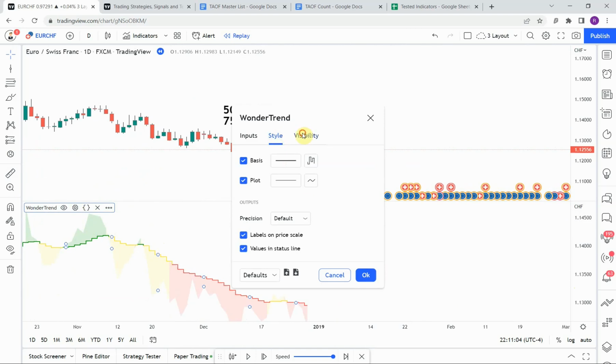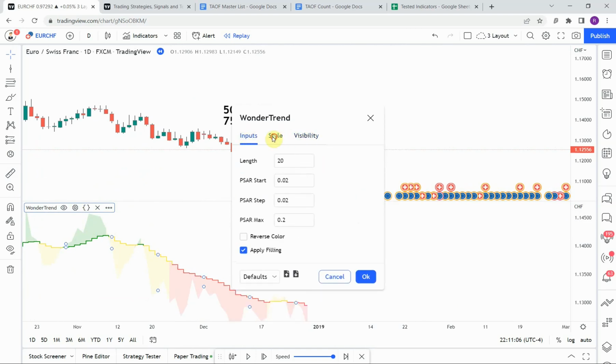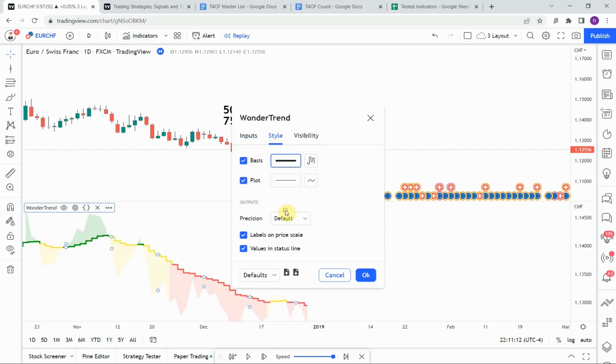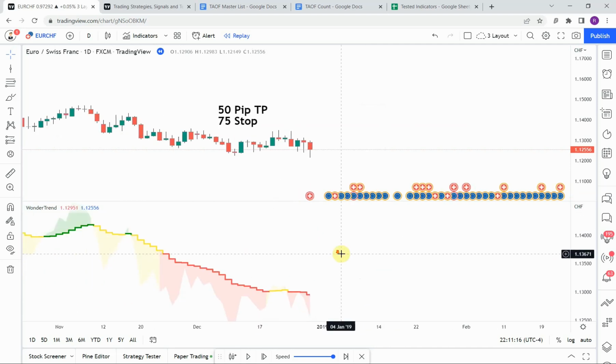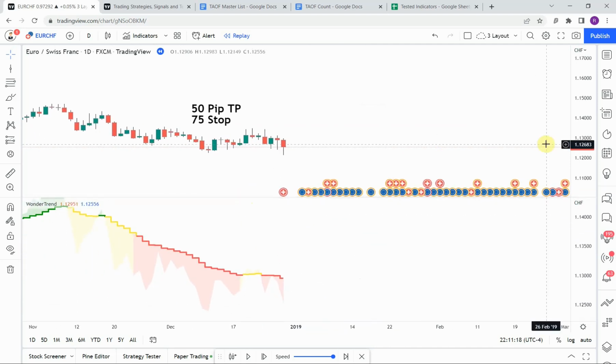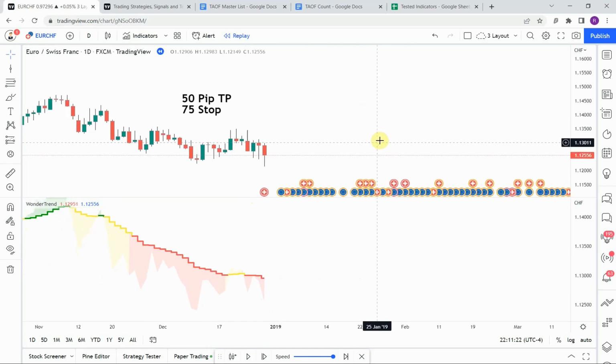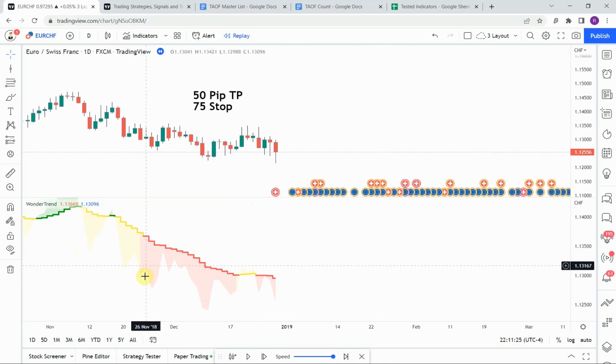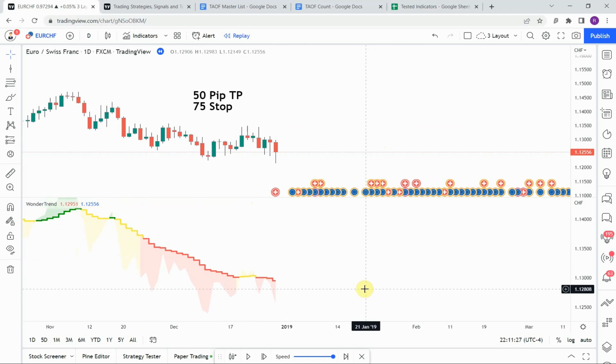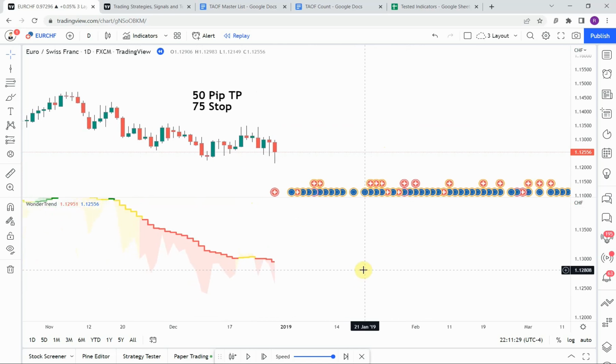Bump up that line weight just a little bit more, just to make everything a tad bit more visible and easier to spot with the eye. All right, so that's the marching orders we have there. Let's go ahead and get on with the testing and see what we can get out of it.